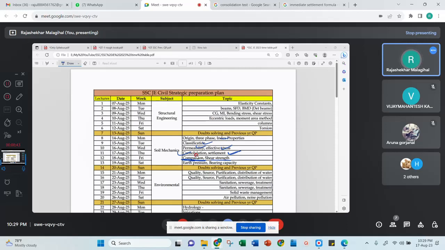Give me feedback on whether the classes are going properly or not. But before accepting feedback, I have to tell you that in less time I have to cover more syllabus. That's why if you say that sir, your class is very fast, then you have to excuse that, because it has to be very fast.